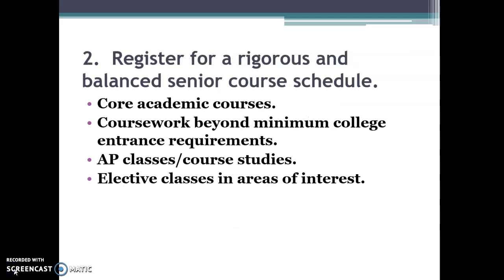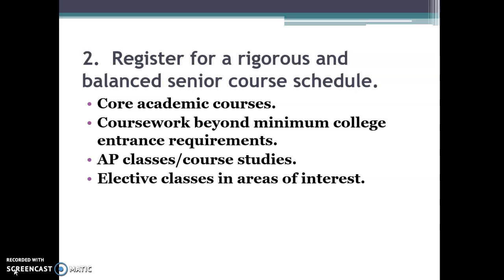So what do colleges look for? They look at your core academic courses: your English, math, science, and history. They also look at coursework beyond the minimum college entrance requirements or even high school graduation requirements.